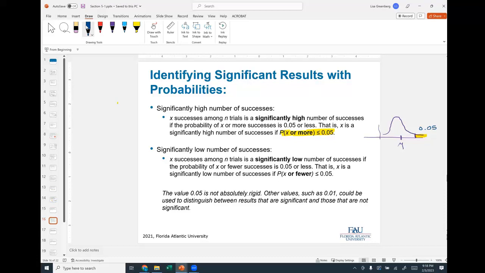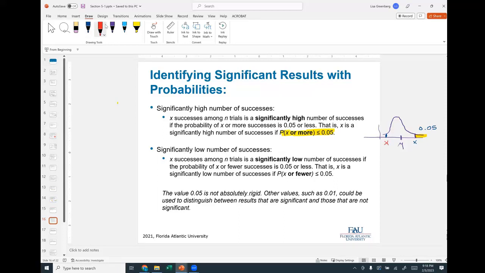Okay, so this is our X, and we're saying the probability of X or more. If it's in this yellow, then it's 0.05, or it could be less if it's further over. And the same thing is true over on significantly low. So let's say this is our point of X.